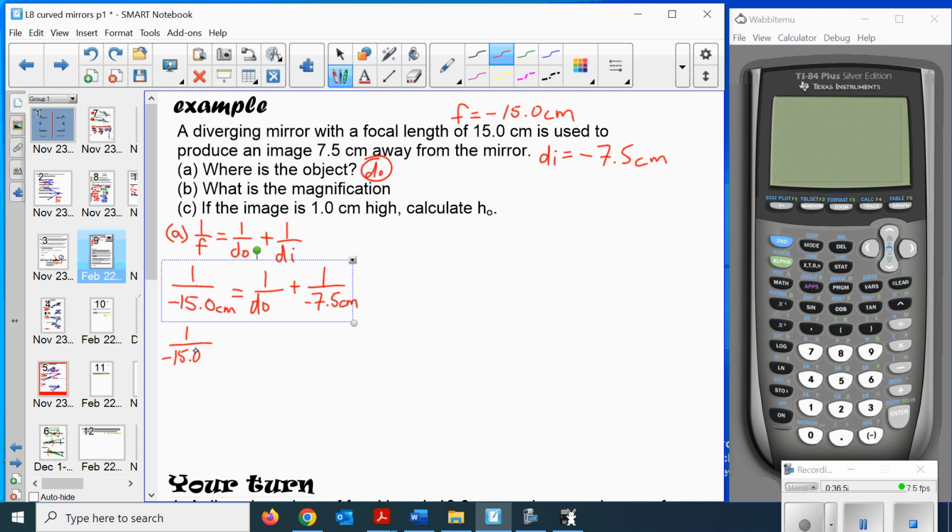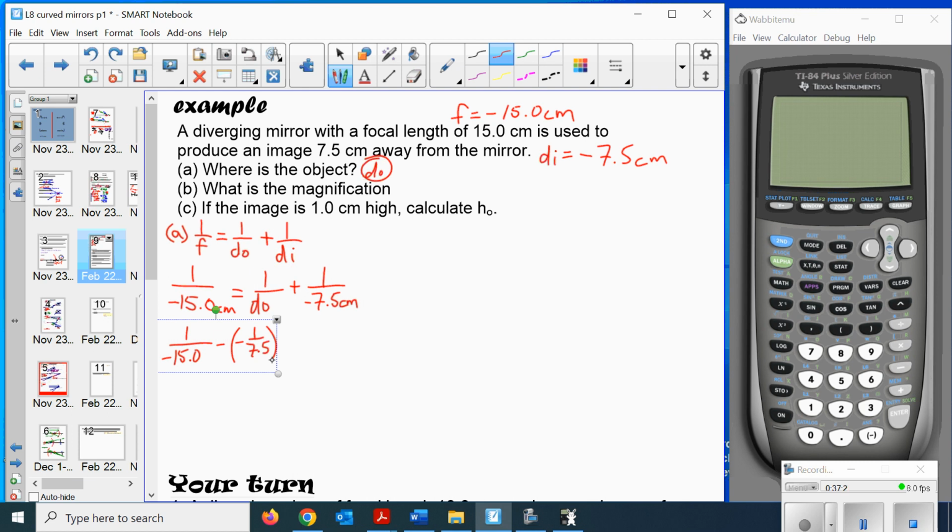They all match. Subtract negative 1 over 7.5. We know what subtracting a negative is. You can think of it as adding if you want. I'm strictly doing this because you can enter it in the calculator.